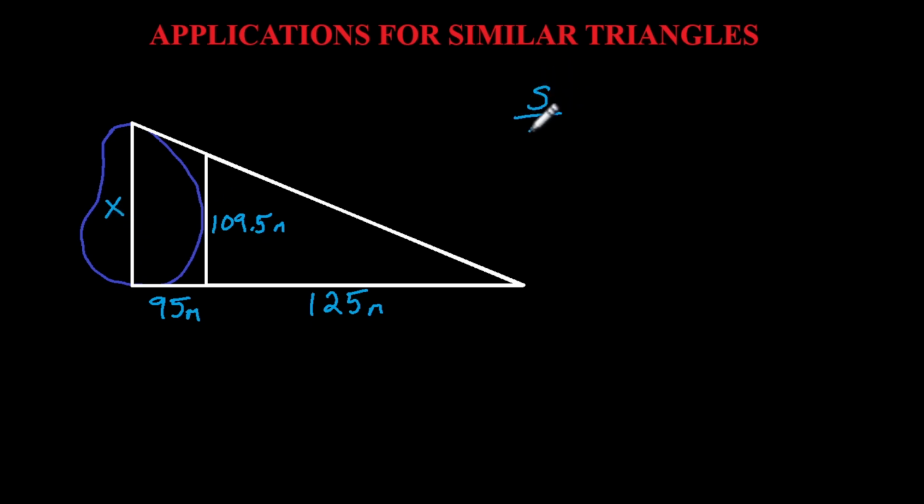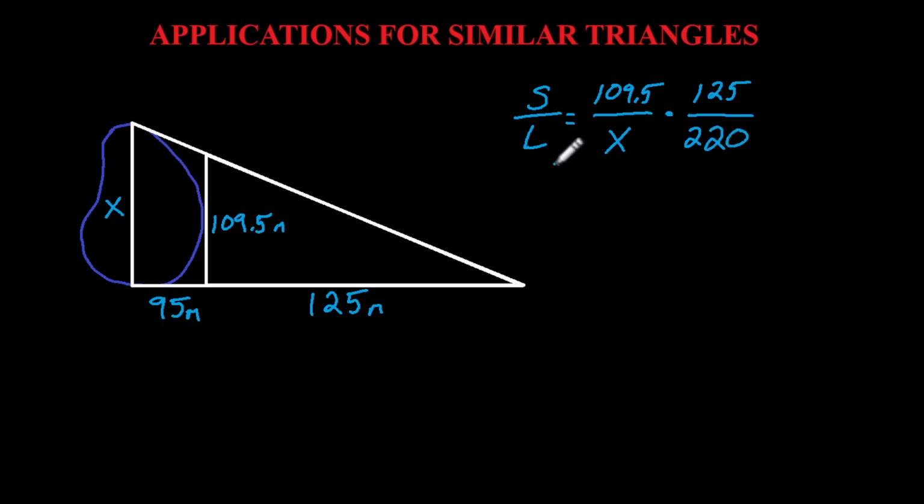So I have small divided by large is going to equal, and then our two fractions are going to be, this point of the smaller triangle is 109.5. The distance across the lake is the unknown, that's x. Then I have the base of the smaller triangle is 125. Then I have the base of the bigger triangle, which is 95 plus 125, which is 220.